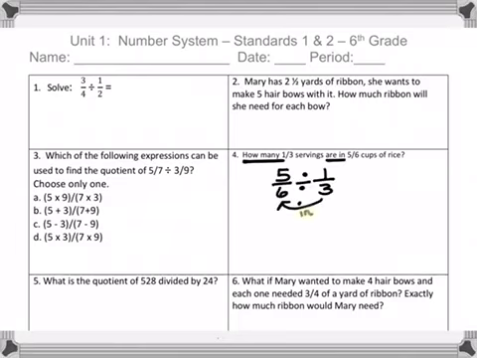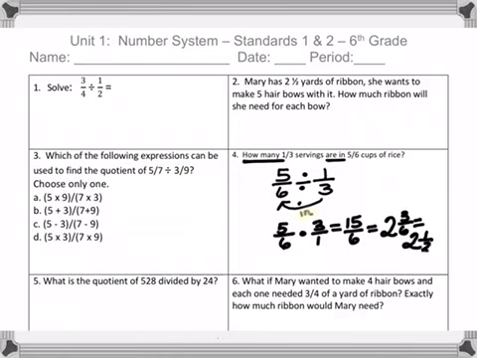We need to know how many 1/3 servings are in 5/6. So that gives us 5/6 times 3 over 1, which is the reciprocal of 1/3. That gives us 15/6. And that gives us 2 3/6, which could be reduced to 2 1/2.